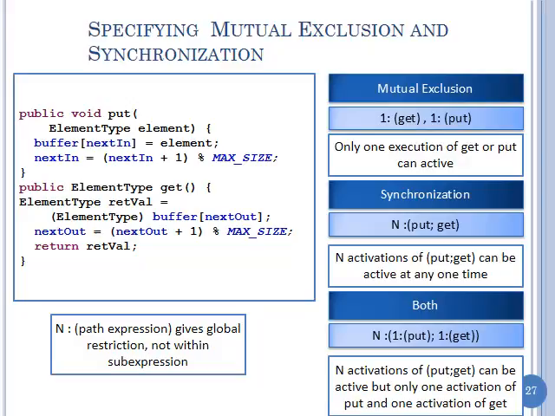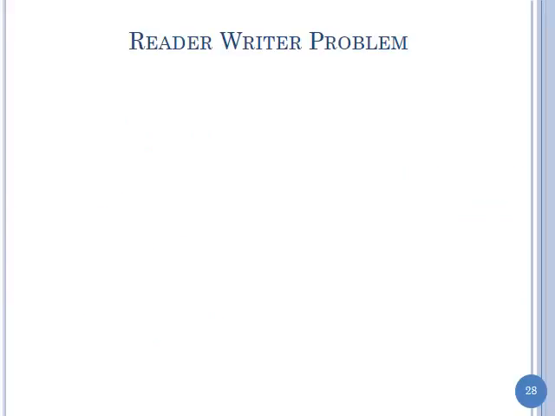Okay, so let's see if we can do other problems. You know what the reader-writer problem is? The reader-writer problem is that there are some threads that read a value and some threads that write a value. What kind of constraints do you want on concurrent executions of these threads? You can have concurrent reads, but if one person is writing, can you be reading?